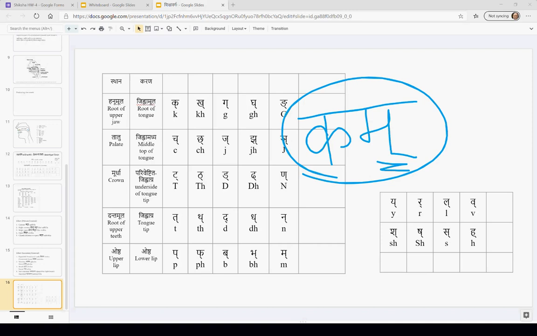But technically, as we saw, a consonant cannot be pronounced by itself without help from a vowel. So when we try to say come, however short we try to pronounce the end, there is still an element of a vowel there. So in the Shiksha Shastra, they say that the consonant, when pronounced by itself, we should try to make it half matra.